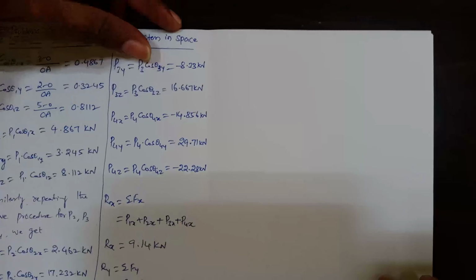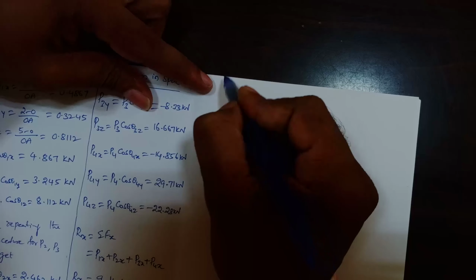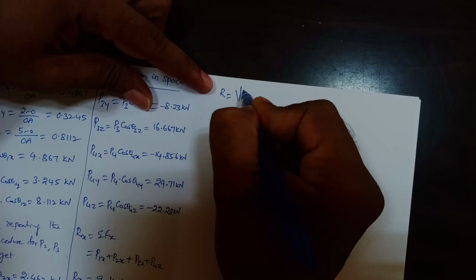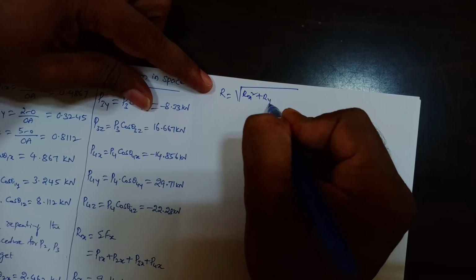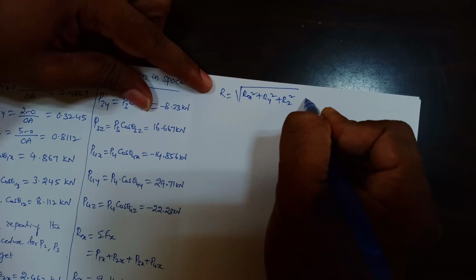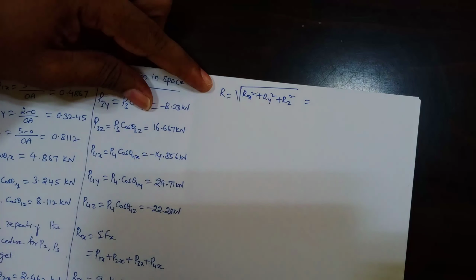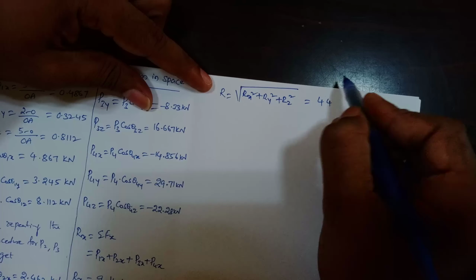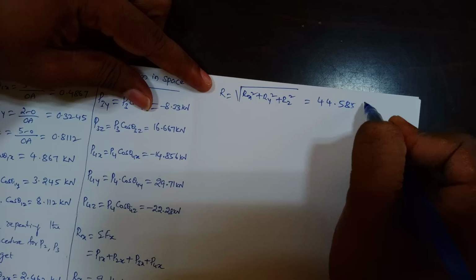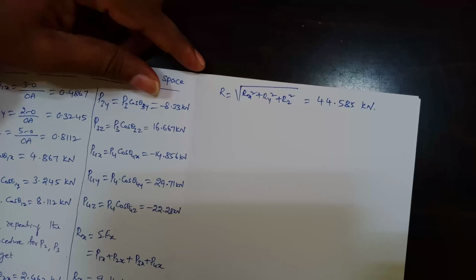Now once we know Rx, Ry, Rz, the magnitude of the resultant force R is equal to the square root of Rx squared plus Ry squared plus Rz squared. Substituting these, finally the magnitude of R is equal to 44.585 kilonewton. So we got the magnitude.